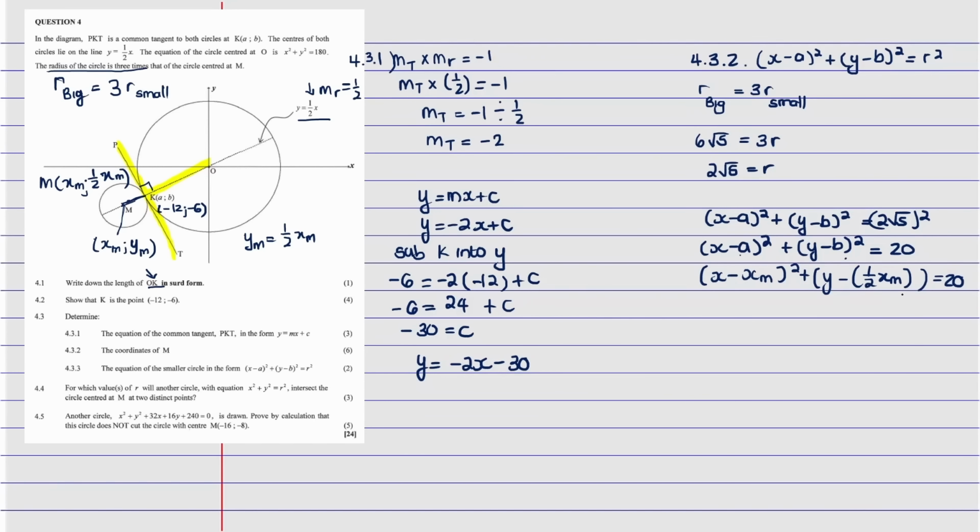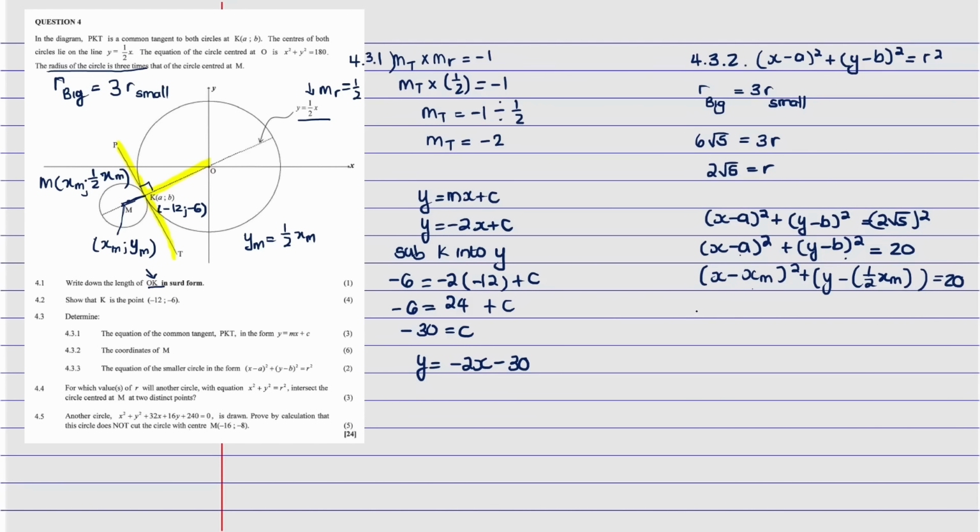Do you see that if I substitute this point K, which is a common point going through here and touching the small graph, I can find my XM? After finding my XM, I can find my YM, which is the coordinate of M.